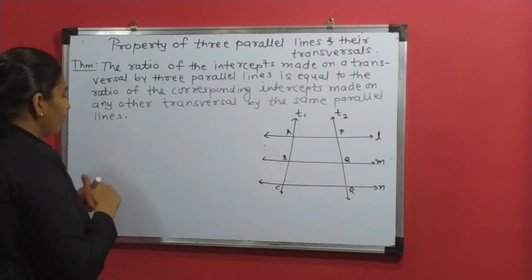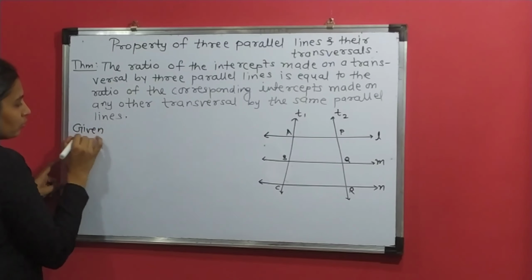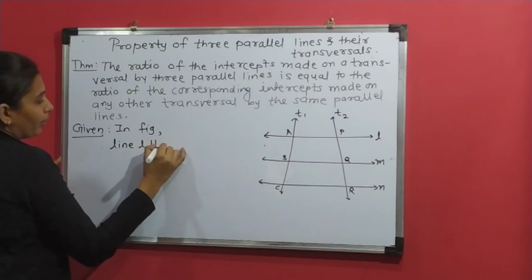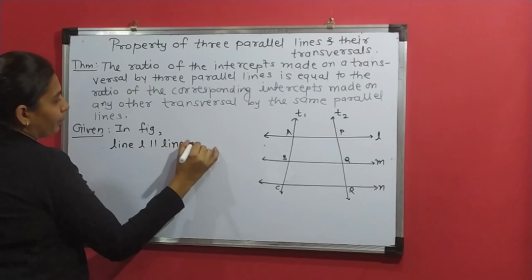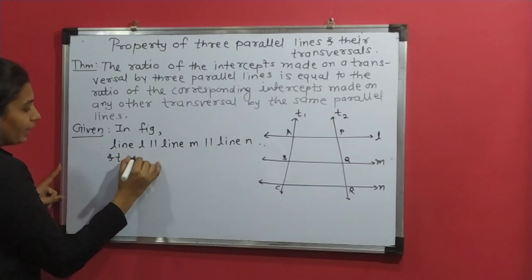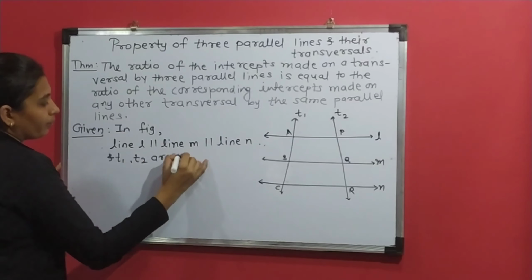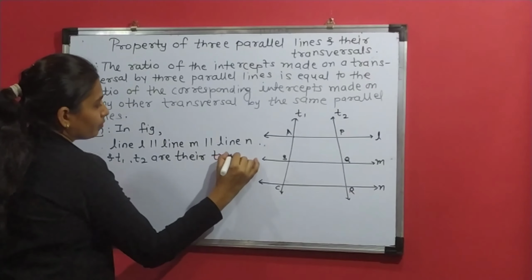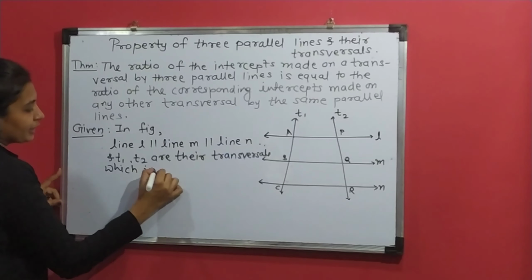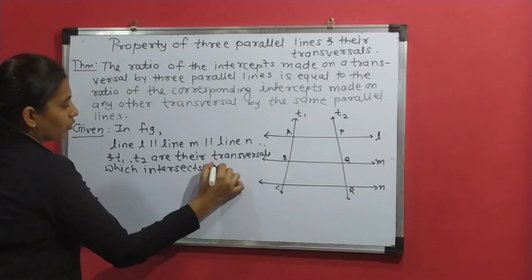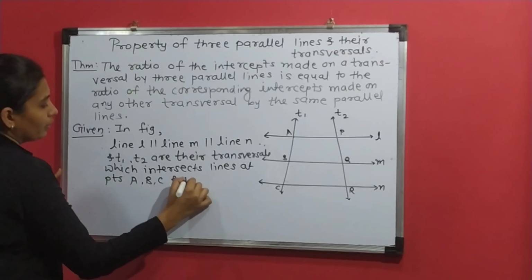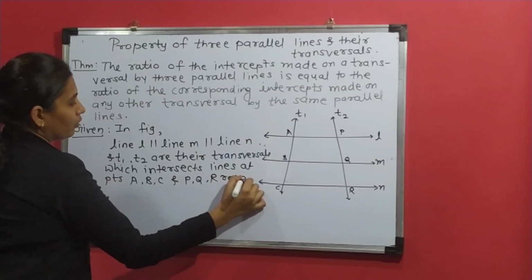Now students, we have given in the figure line L parallel to line M parallel to line N. And T1, T2 are their transversals which intersect the lines at points A, B, C and P, Q, R respectively.